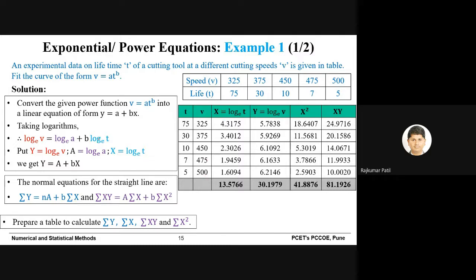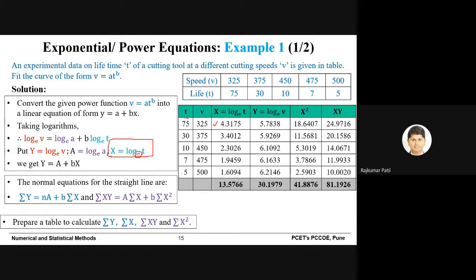Now, previously we saw that capital X is nothing but log t, where the base is e. So you need to do that operation and find out the value of capital X. You can also check whether I correctly estimated this value or not.